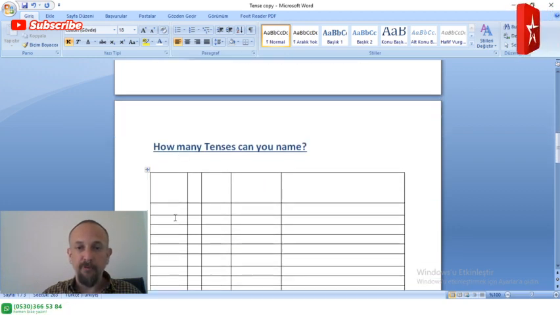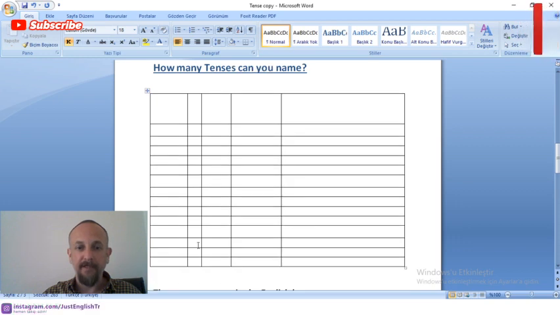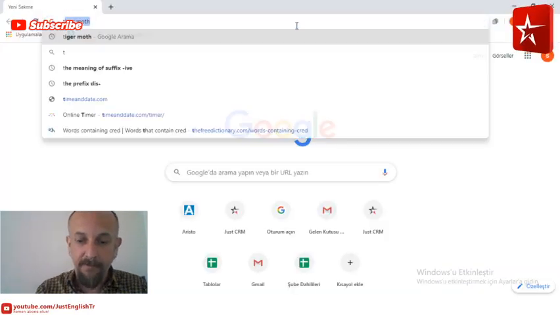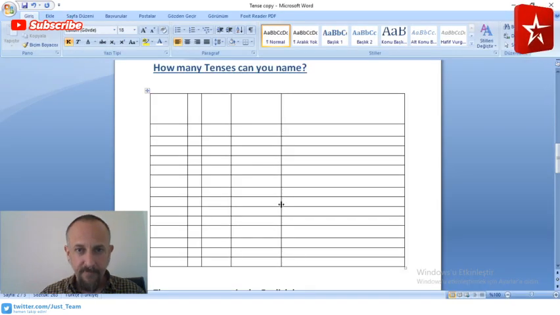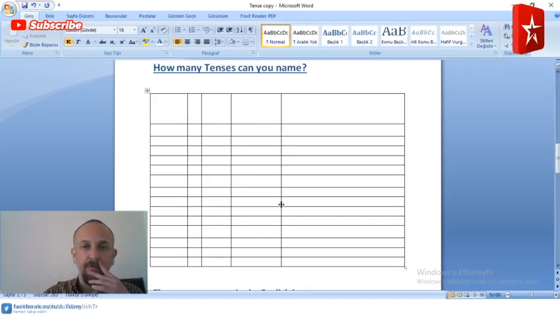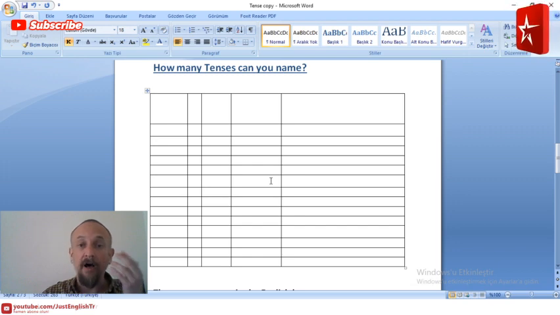So I'm going to give you a minute, actually. I'm going to put a timer up here. Okay, forget the timer. I'll just look at my clock. So take a minute or two and think about how many tenses you can name in the English language. Of course, if you're an intermediate student, you'll be able to name far less than a student who is upper intermediate.